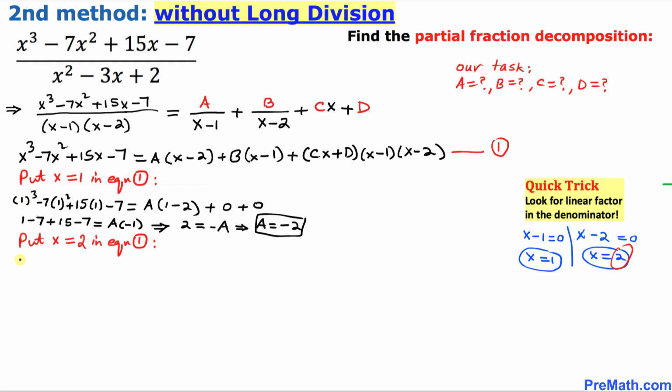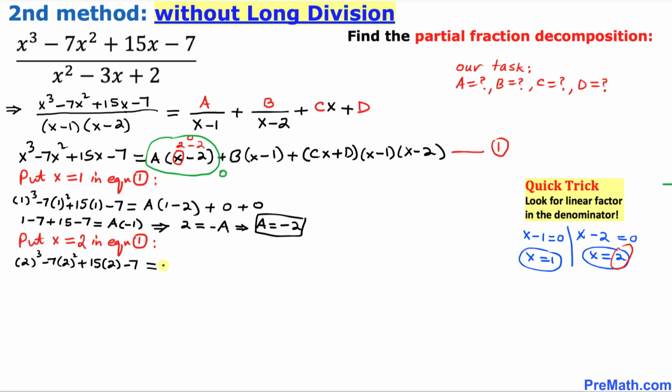So the left hand side is going to become 2 to the power 3 minus 7 times 2 squared plus 15 times 2 minus 7 equals to, and here when I replace this x by 2, 2 minus 2 is going to give us 0. 0 times this whole thing is going to become 0.